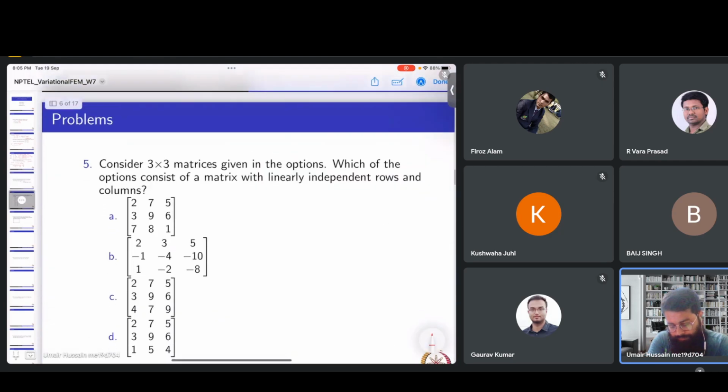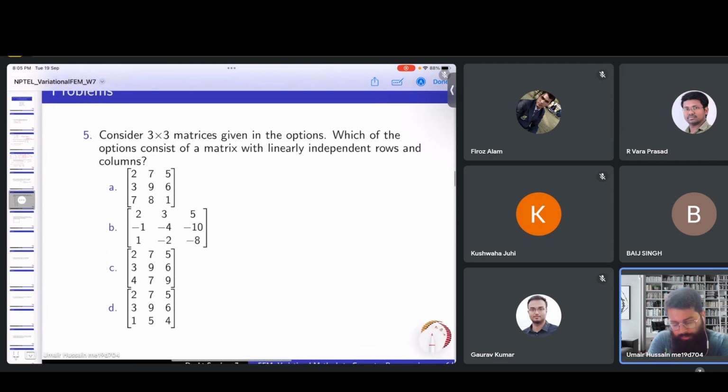Okay. So consider 3 by 3 matrices given in the options. Which of the options consists of a matrix with linearly independent rows and columns? That is, it is invertible. Which of these matrices is invertible?